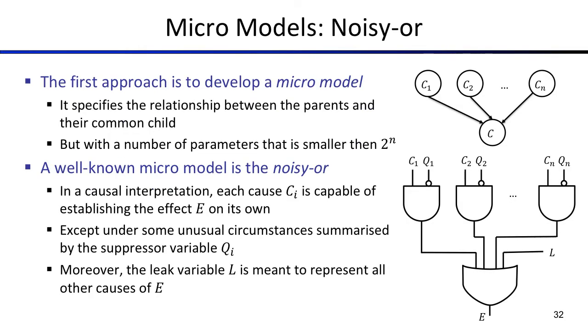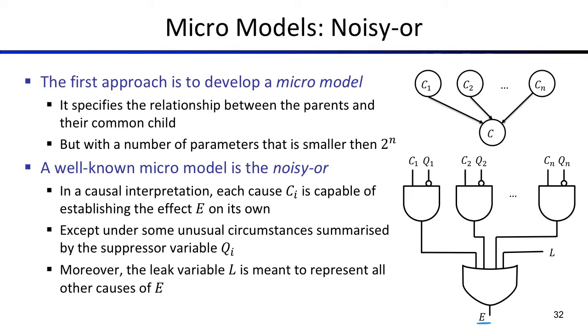So probably the most famous of all those models is called the noisy OR. And it's a sort of what we call micro model. And the idea is very simple. We can take the causal interpretation in order to make it a little bit clearer. Imagine that we have a common effect, E, here on the bottom.